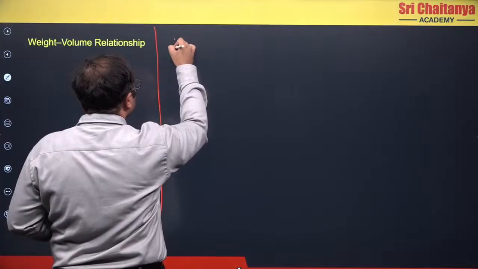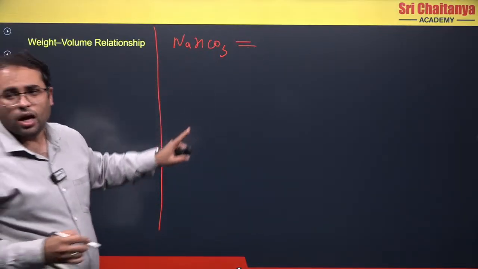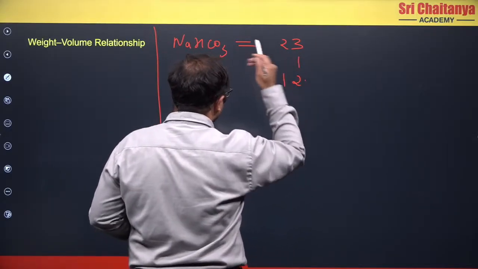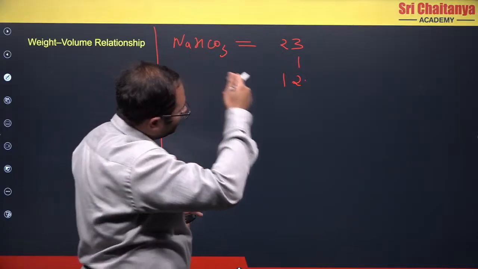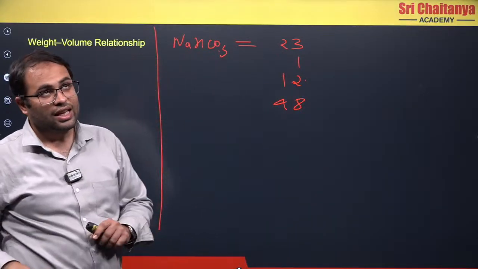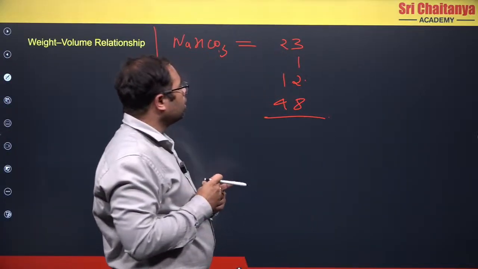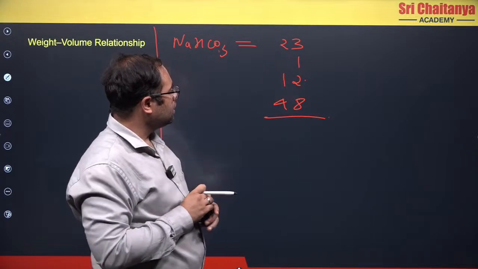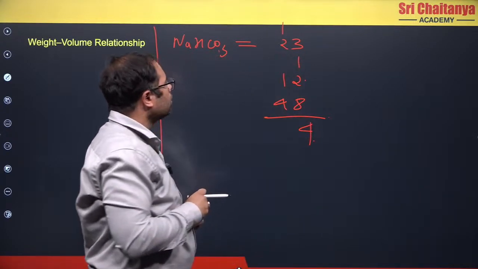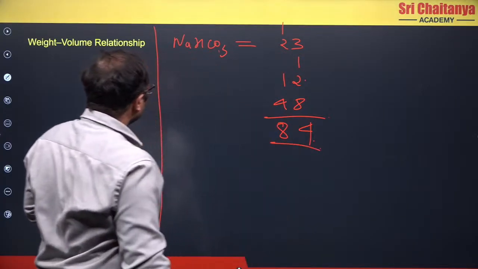So NaHCO3 molar mass will be: sodium's mass is 23, hydrogen is 1, carbon is 12, and 3 oxygens, so 1 oxygen is 16, it will be 48, right? So 5, 6, so this will be 14, 84, right? So 84 is the molar mass.